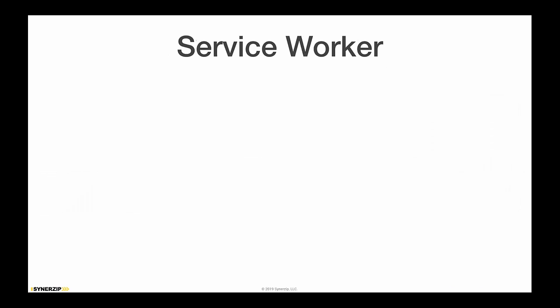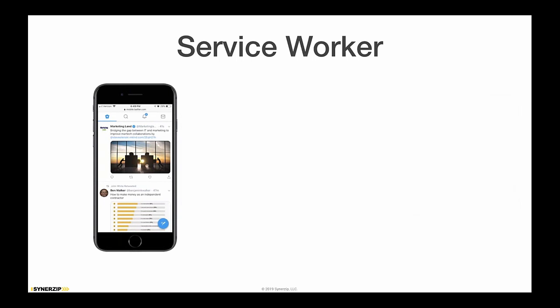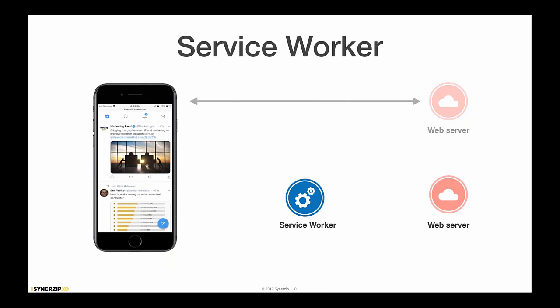Going ahead to service worker. Traditionally, any web app connects to a web server to fetch its contents. Now, a service worker is like a client-side programmable network proxy. So it provides you fine control over the requests it handles.